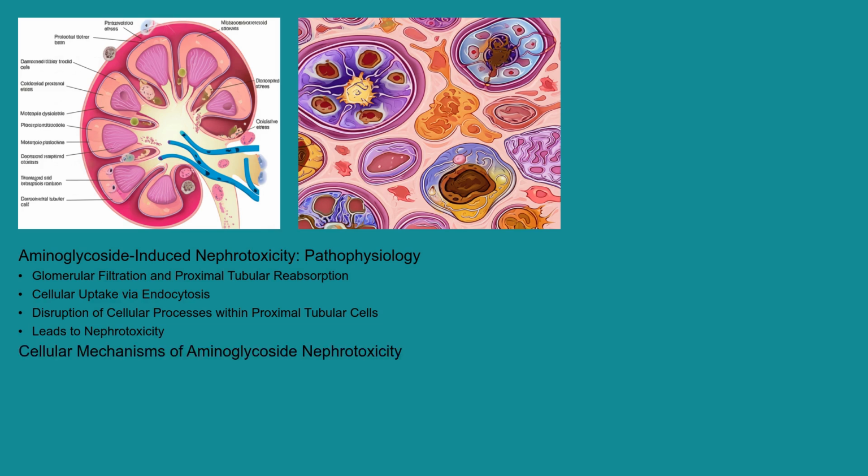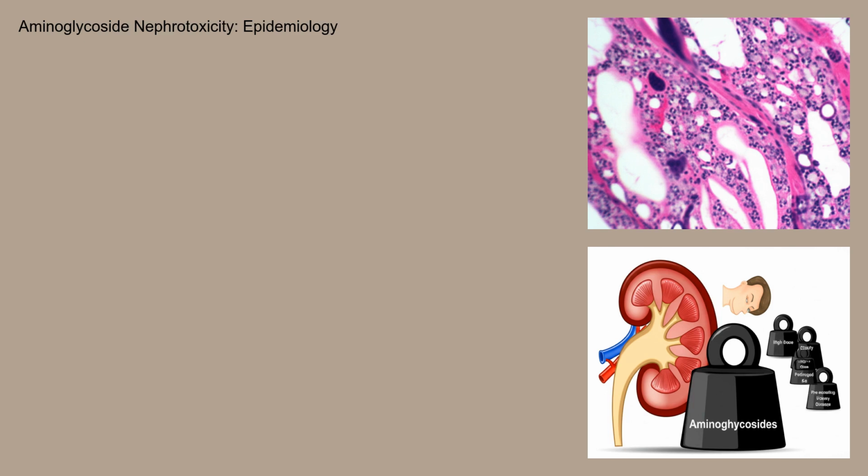Furthermore, aminoglycosides disrupt the metabolism of phospholipids within cell membranes, leading to cell membrane instability and ultimately cell death, also known as necrosis. This widespread cellular damage reduces the kidney's ability to filter waste and maintain fluid balance, leading to nephrotoxicity.